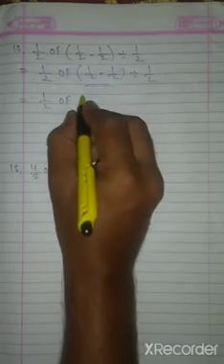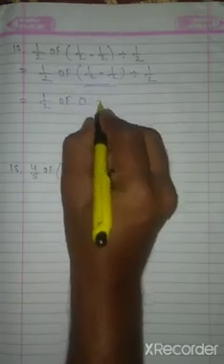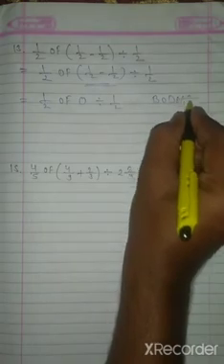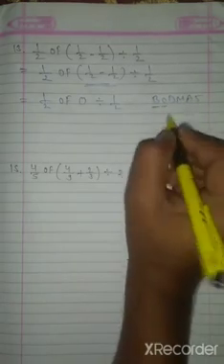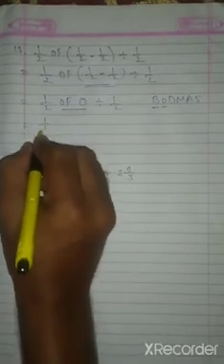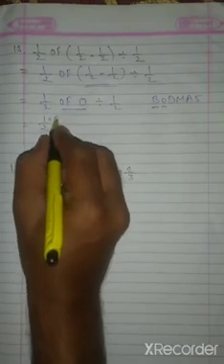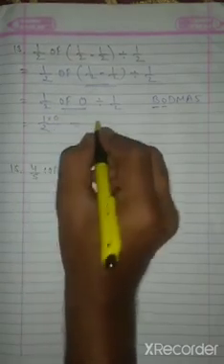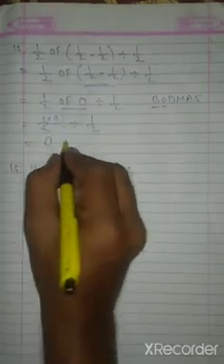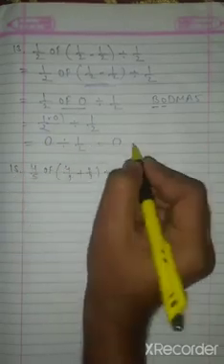So half minus half is 0. Now in BODMAS, B for bracket, O for of. Now we will solve of first. Of means multiply. We have already learned. 1 upon 2 multiply by 0 divided by 1 upon 2. If you solve this, you will get 0, and 0 divided by any number, the answer is 0.